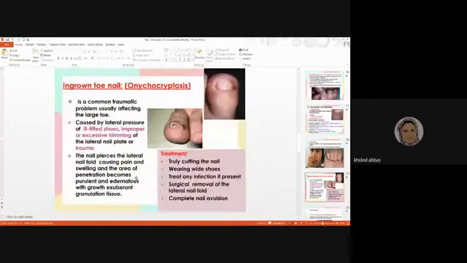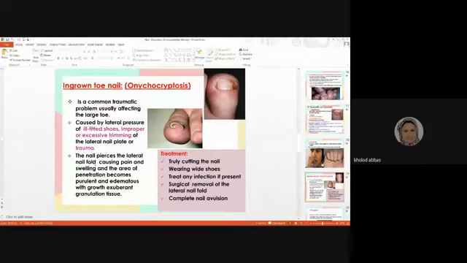Ingrowing of the nail, onychocryptosis. It's a common traumatic problem, usually affecting the large toe, caused by lateral pressure of ill-fitted shoes on the lateral nail folds. Common causes are ill-fitted shoes, improper or excessive trimming of the lateral nail plate, or trauma.